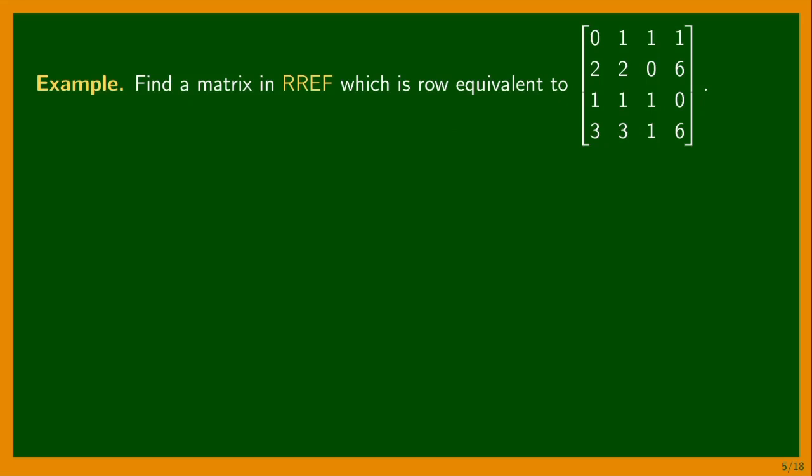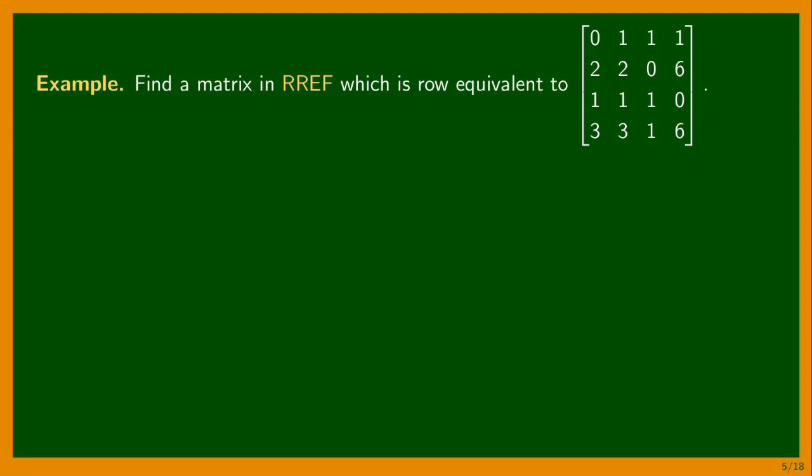Again, to recall, a matrix is in RREF if there are 4 conditions. Number 1, if there are 0 rows, they must appear at the bottom part of the matrix. Second, in each non-zero row, the first non-zero entry from the left is a 1, and these ones are called the pivots, right? Third condition is that these pivots should appear in an echelon form, meaning to say they are in a ladder form.